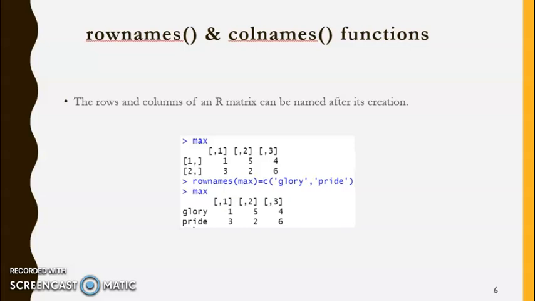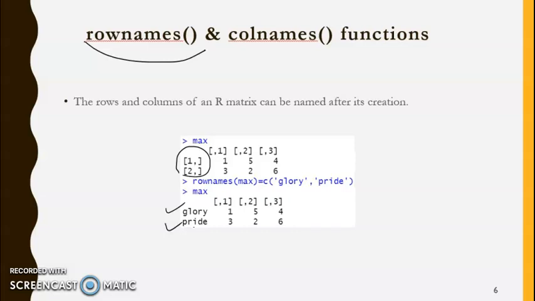They were without names. So here we have, in fact, without names, 1 and 2. So we want to put the names glory and pride. So you should figure it out yourself that we need these row names.